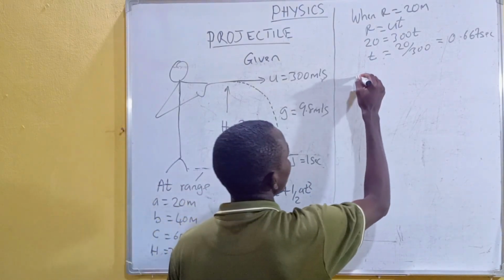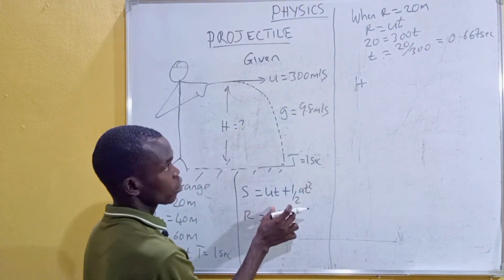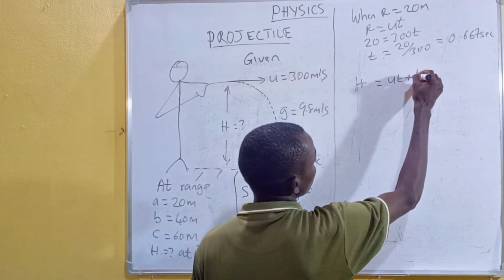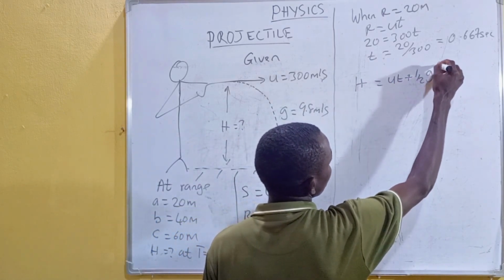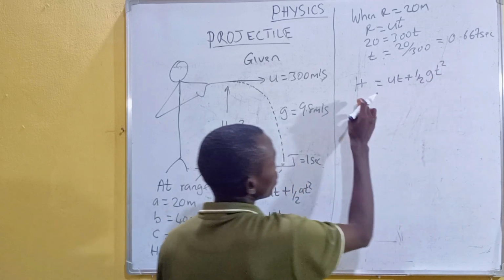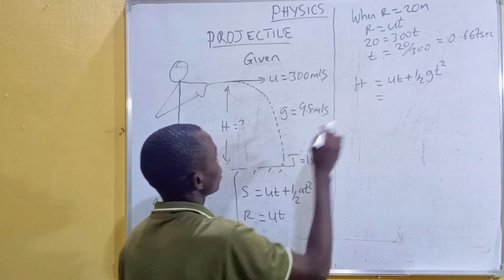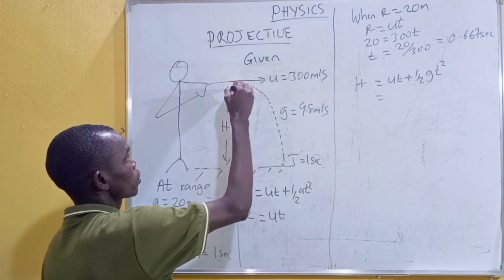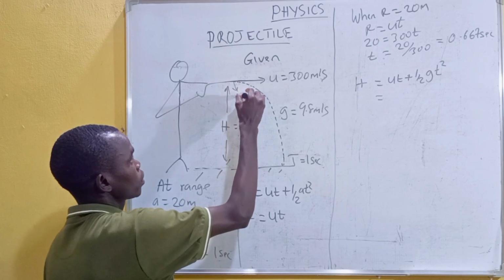So our height from this equation of motion will now be equal to ut plus 1 over 2 gt squared, where the initial vertical velocity is equal to 0 since it is falling from rest.